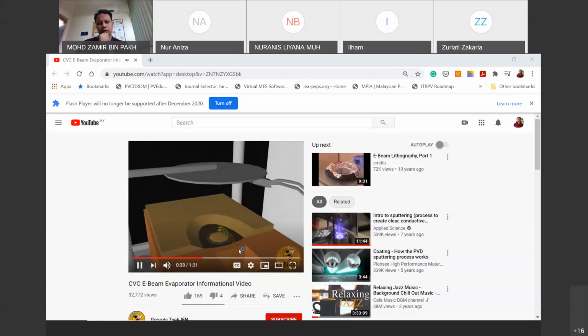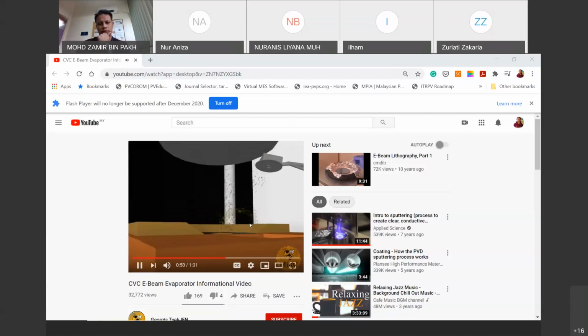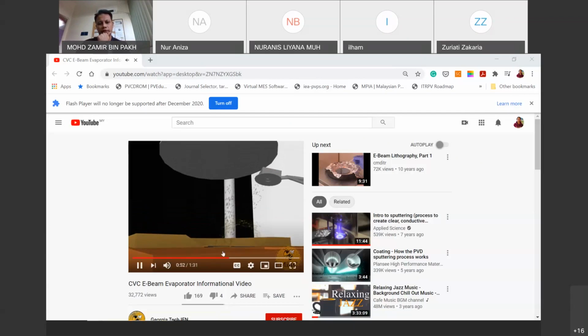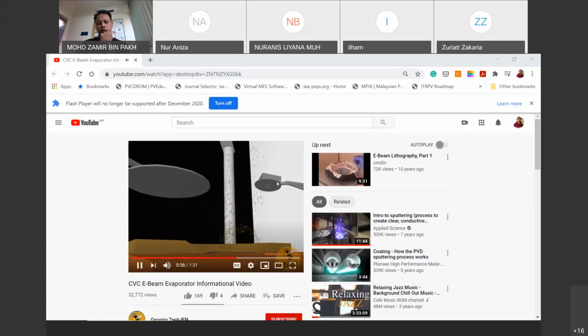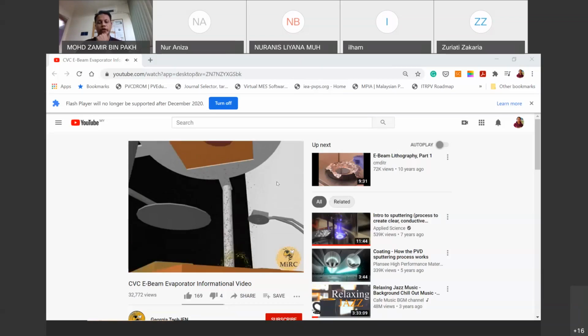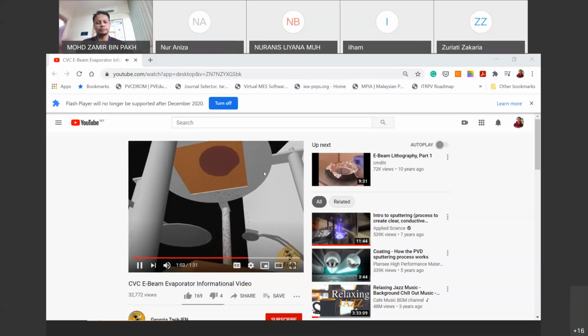So that's the bending of the beam. That's the evaporation, now being blocked by the shutter. Then the shutter will be open. So that's the bending, the evaporation, and the detection by the crystal monitor on the right hand side to know the deposition rate and the actual thickness. Your sample is up there on the holder.